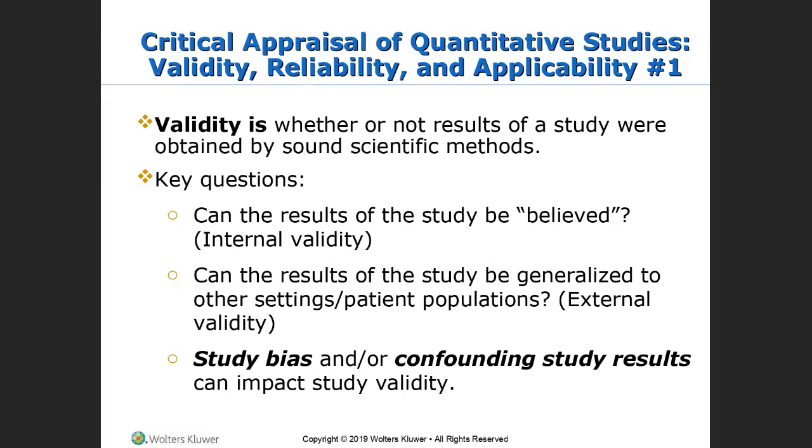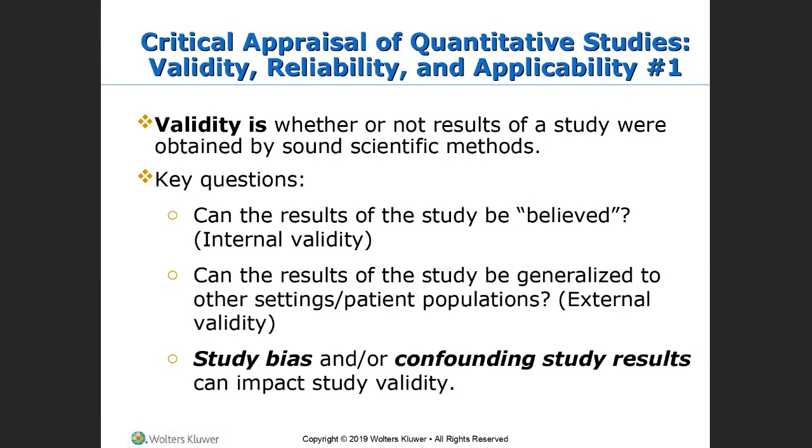So validity is whether or not the results of the study were obtained with a sound scientific method, which basically means, can the results of the study be believed? Can they be generalized to other types of patient populations?